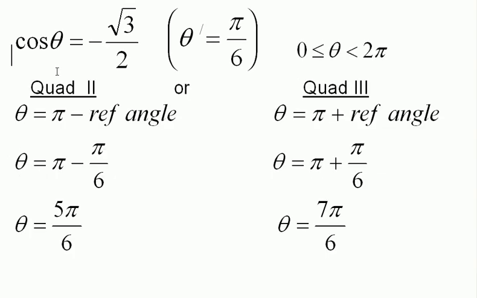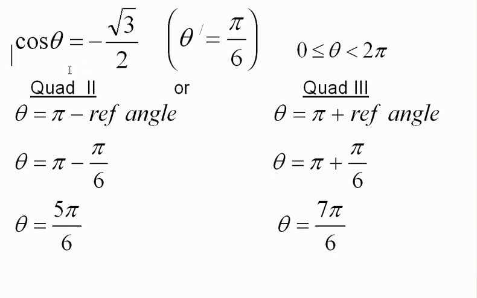We are now on the last step to solving angle theta. Cosine theta is negative root 3 over 2. We identified that the reference angle was pi over 6. And we are looking for the two basic angles which will make this equation true.